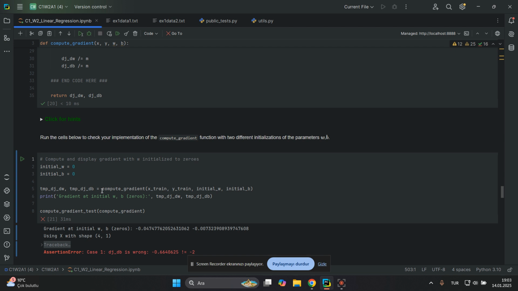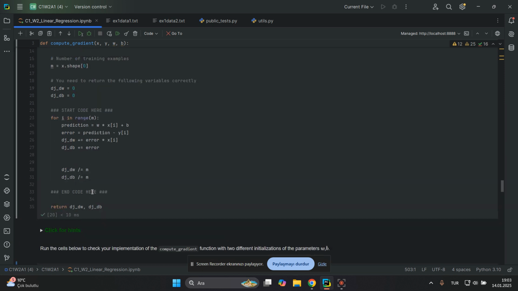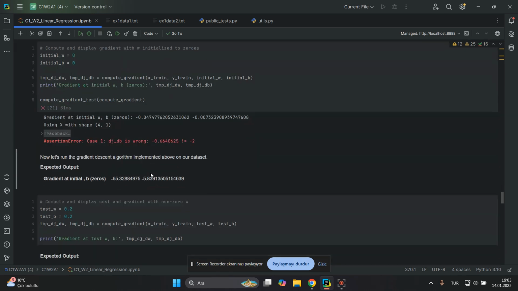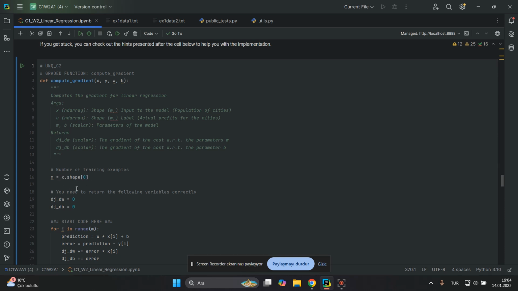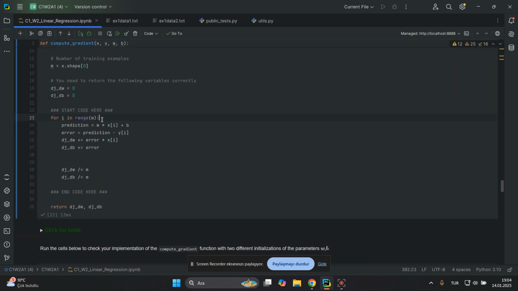And there are some errors. Let me check it. The x shape, range m, predictions, error, prediction minus b, error.